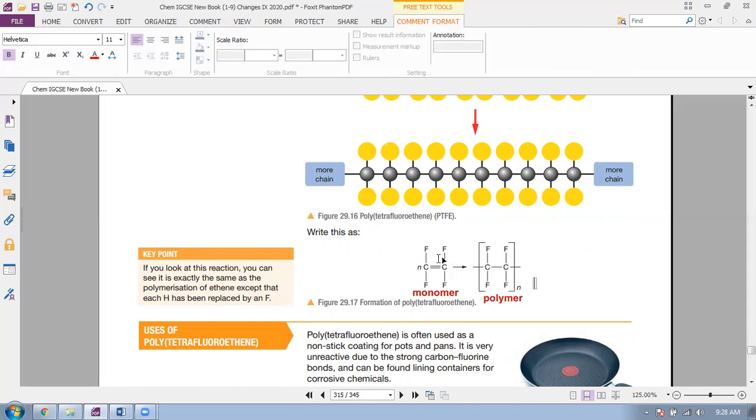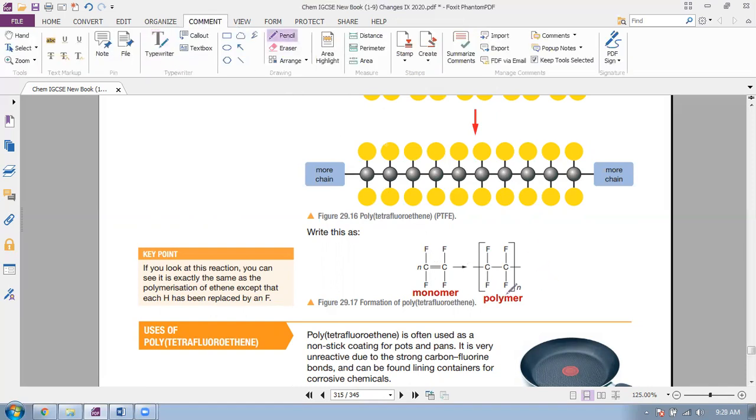So as it is tetrafluoroethene, for the polymer, just add the word poly before tetrafluoroethene, it becomes polytetrafluoroethene. This is the equation, and let me show you the repeated unit, just like before.